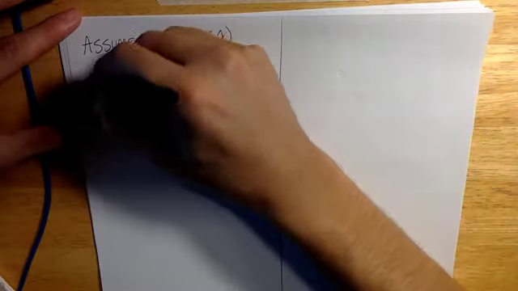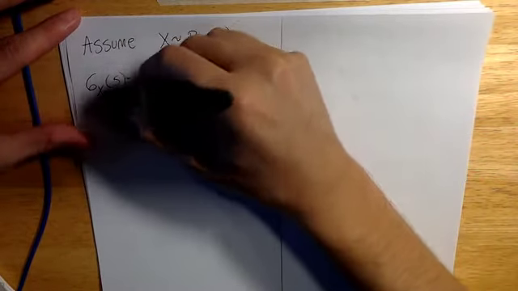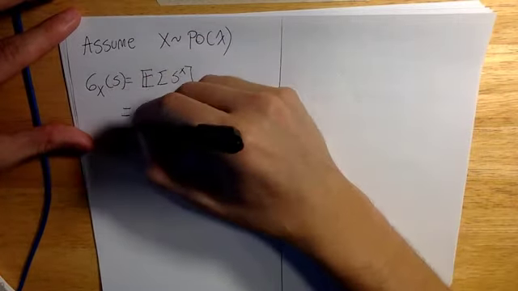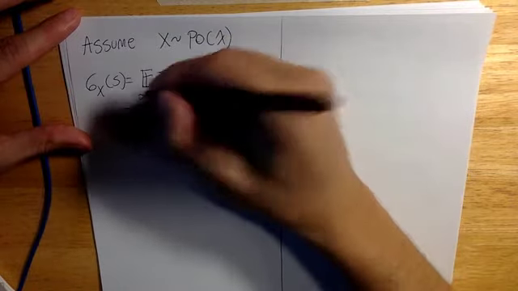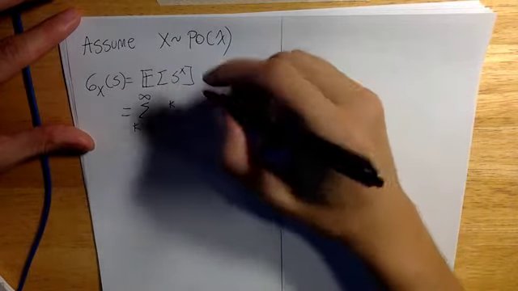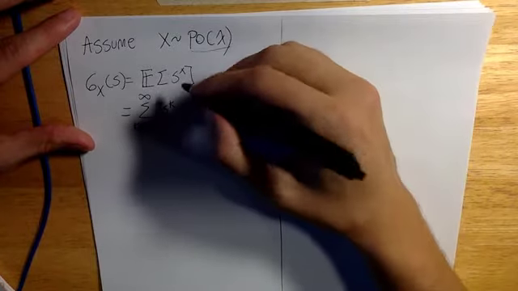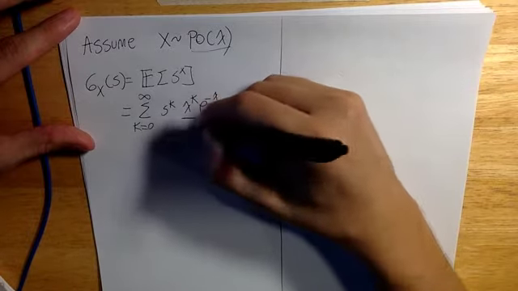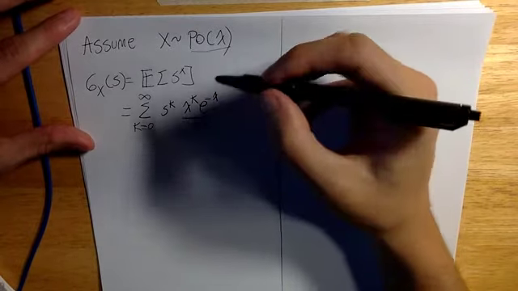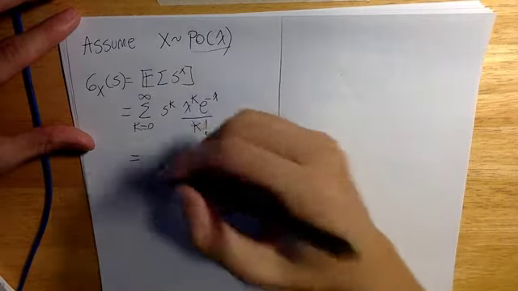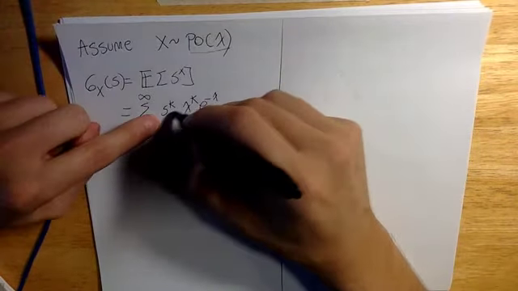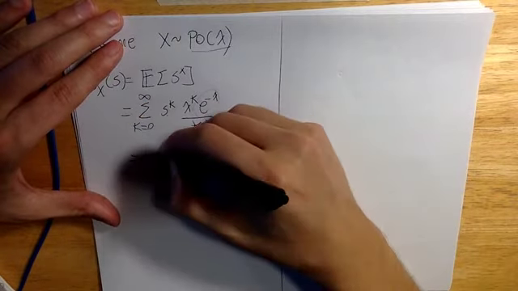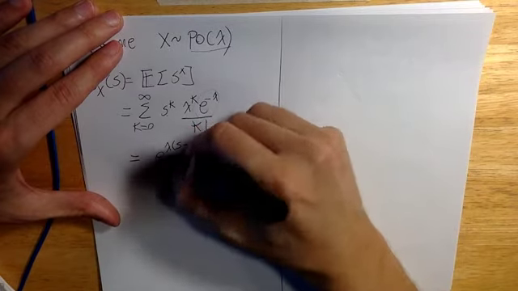Then g_x of s in this case is the expectation of s to the x, which is the sum over k equals 0 up to infinity of s to the k times lambda to the k e to the minus lambda over k factorial. And what we had seen last class is that you put the s with the lambda together, this goes outside, and this is just e to the lambda (s minus 1).